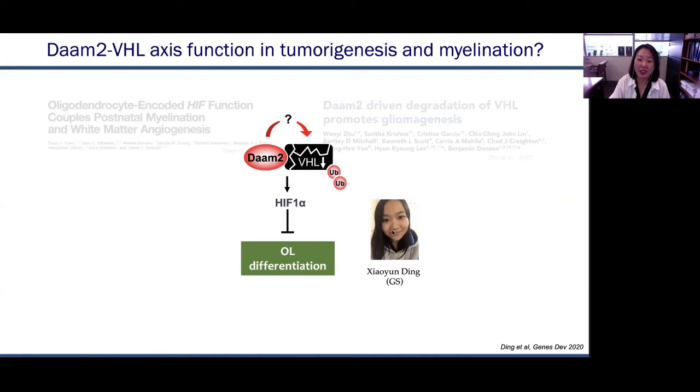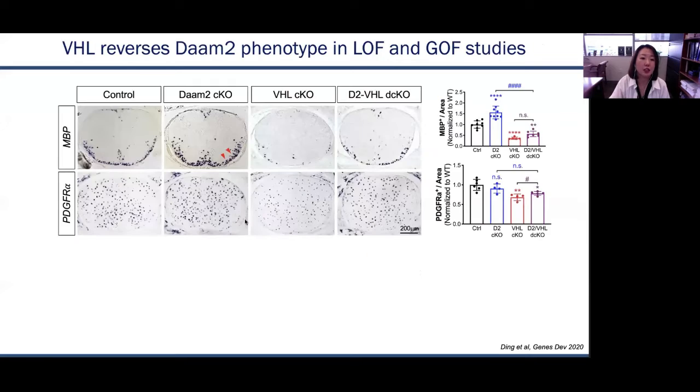So at the time when I started my lab, my talented graduate student Hyun joined the lab. Her project was basically to identify TEM2 function with VHL, and whether that's relevant in oligodendrocyte development. So we did a mouse study. We generated a double knockout to compare.